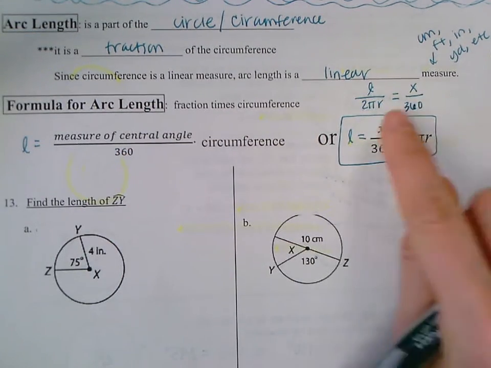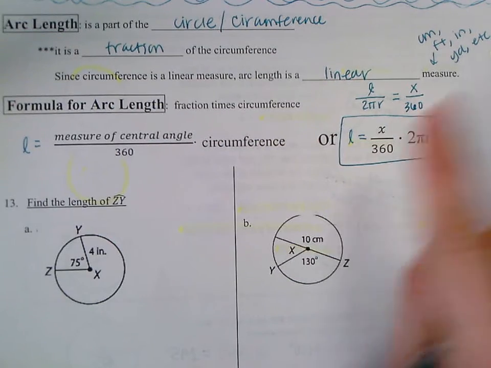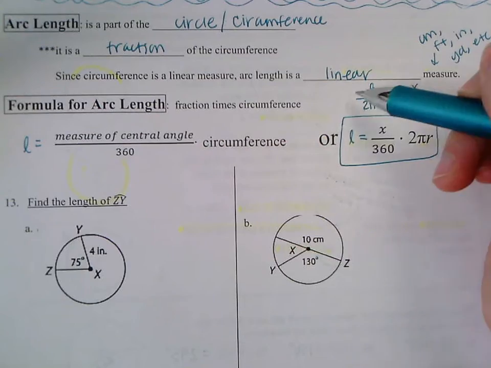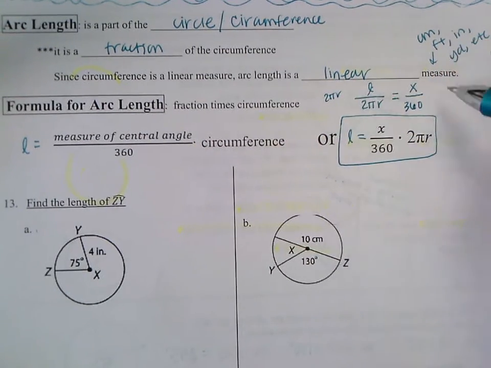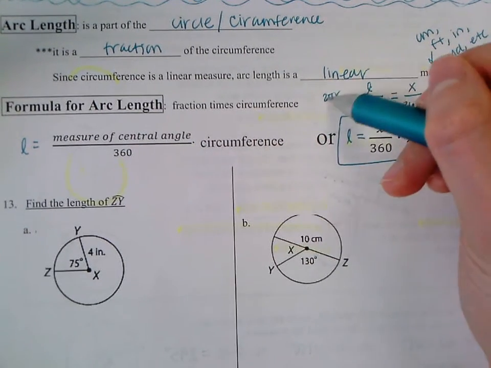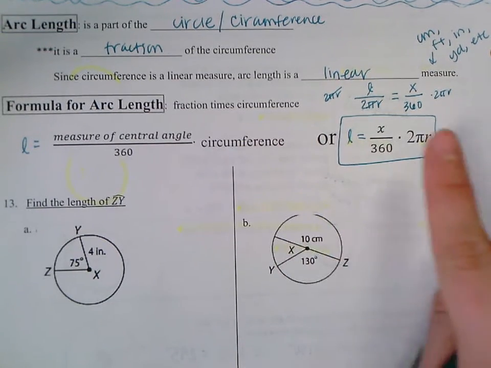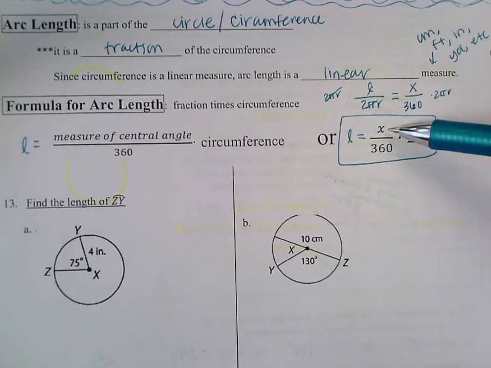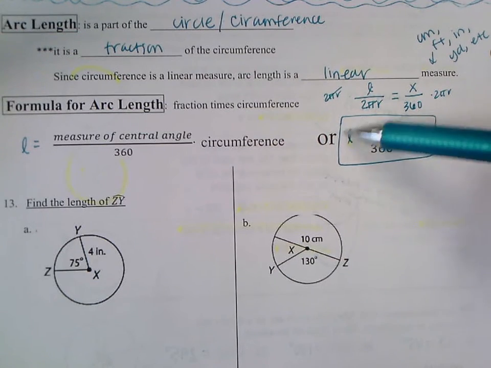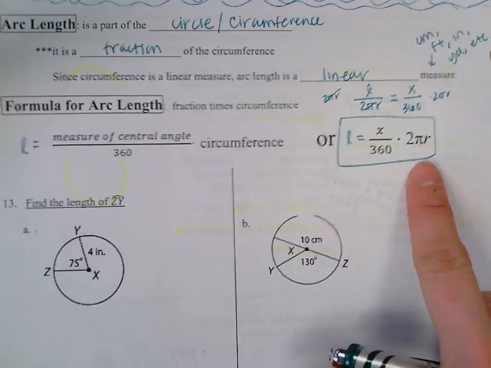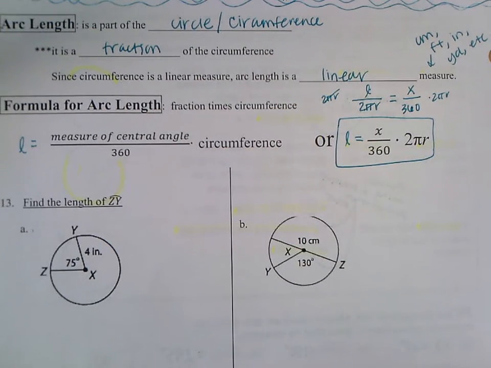So it's coming from this proportion, and how they're getting this formula is they're multiplying both sides by the 2 pi r so that it cancels out. So it is a proportion really that you're solving. This is just where it's already gotten the arc length by itself. So you take the central angle out of 360, that fraction of the circle, and multiply by the circumference to get the fraction of the circumference.